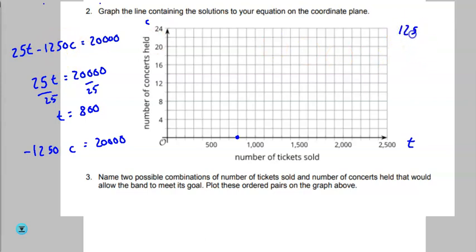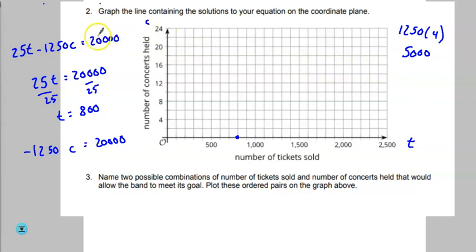It costs $1,250 per concert and we have 4 concerts, times 4, that's $5,000 that's going to come out of what we want to raise, right?